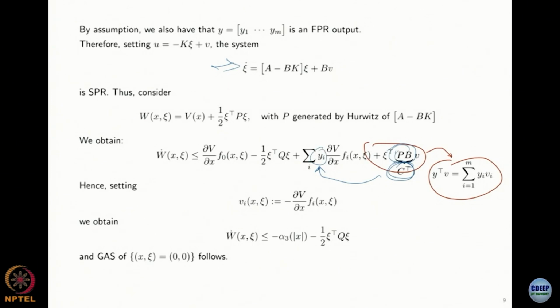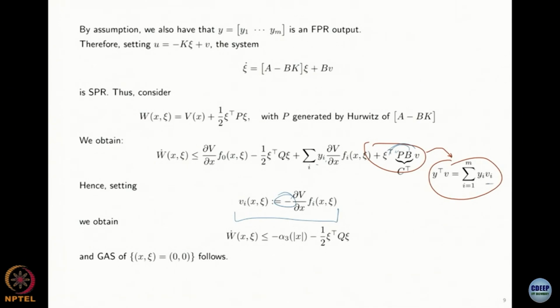So this term is nothing else than the sum of all the outputs yi times the inputs vi. Essentially it's y transpose times the new input. So all you have left to do is take v to be equal to that with a minus sign.